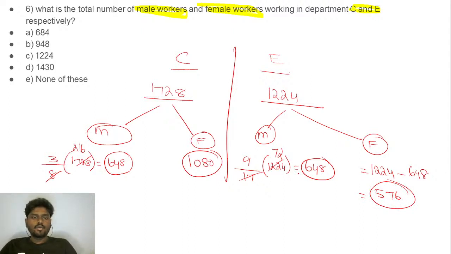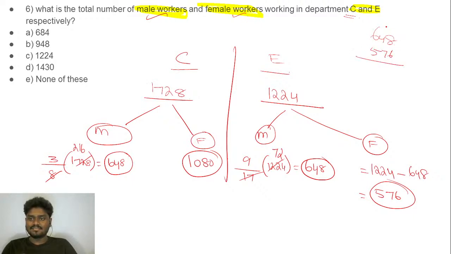That's it. So what is the question here? You've been asked to find the total number of male workers in department C and female workers in department E respectively. The number of male workers in department C is 648, and the number of female workers in department E is 576.